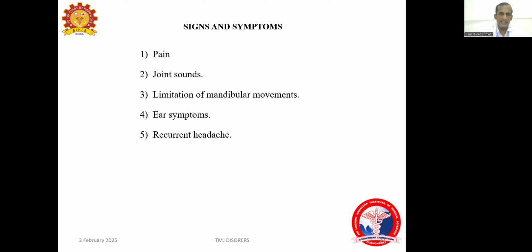Typically, the signs and symptoms of this TMD can be associated with a simple articular disc problem, or the pain associated with the muscles of mastication, or it can be associated with headache.